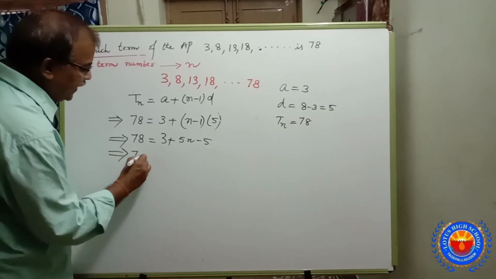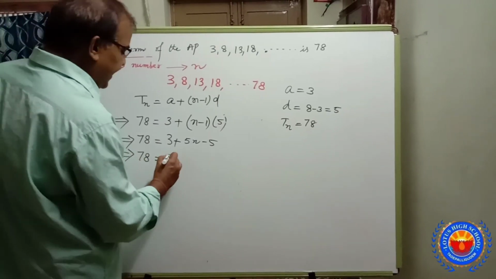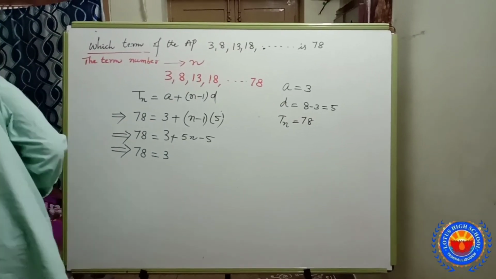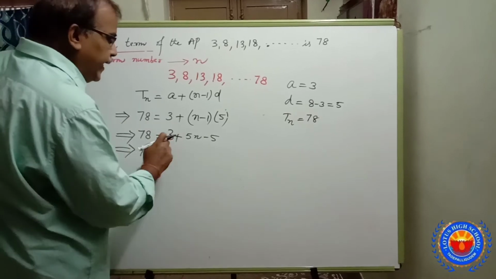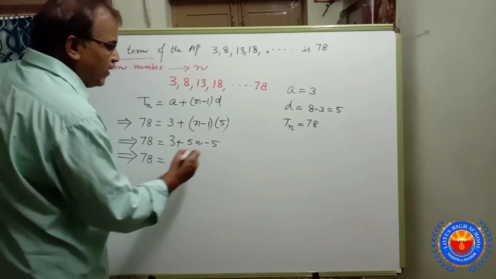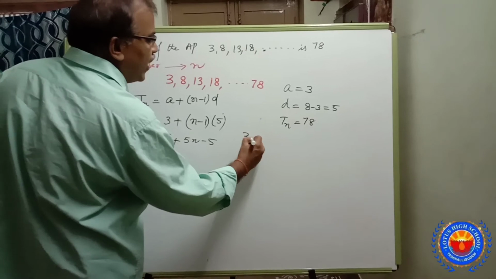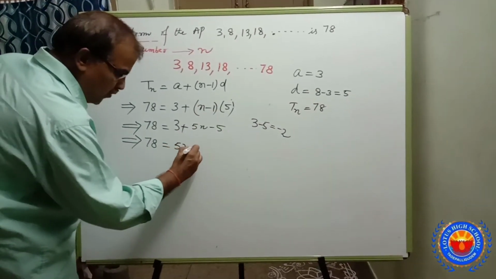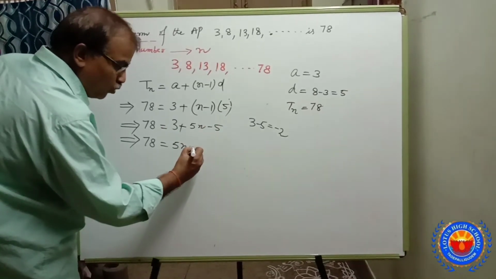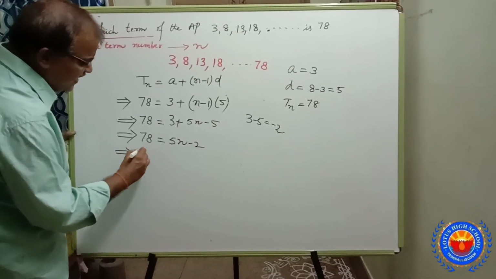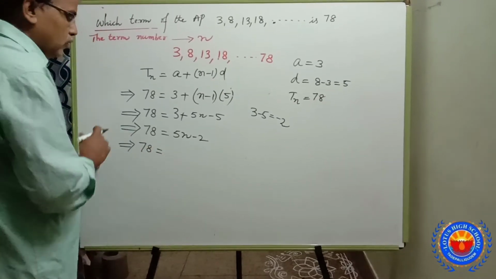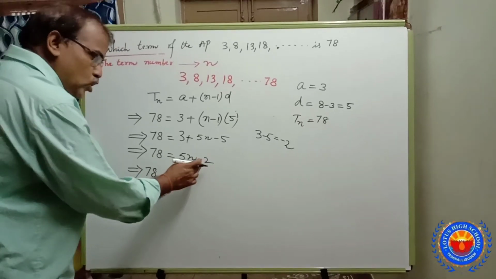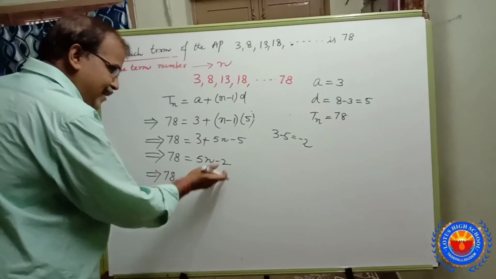Simplify: 78 is equal to 3 minus 5, which is minus 2. Leave it; first write the positive term, 5n, and 3 minus 5 is minus 2. That implies 78 is equal to 5n minus 2, and the 2 will be transposed from RHS to LHS.